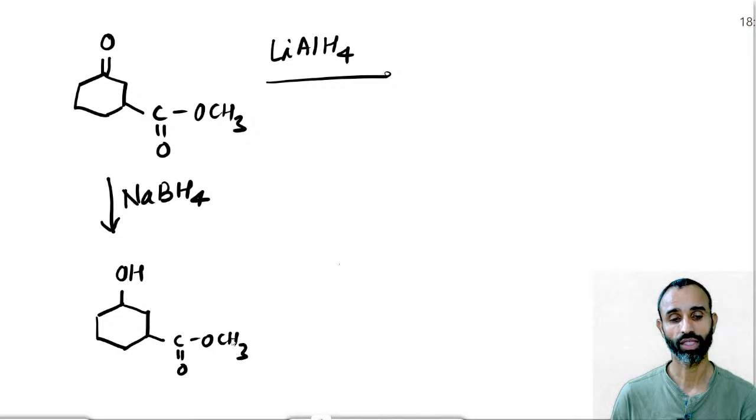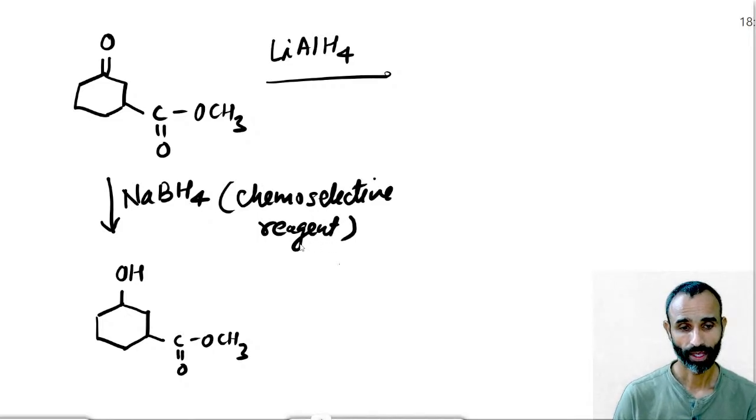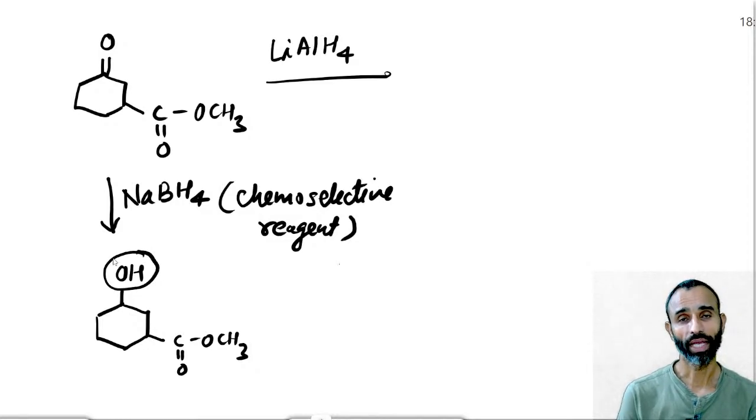So this is called chemoselectivity. Sodium borohydride is a chemoselective reagent because it will reduce mainly aldehydes and ketones. Esters and carboxylic acids cannot be reduced by sodium borohydride.